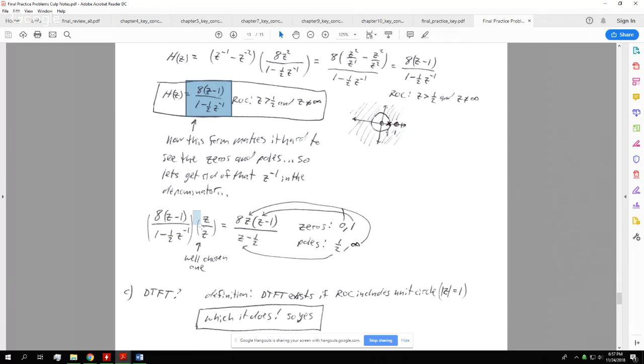You rationalize it by finding a well-chosen one and then distributing those z's accordingly. Then you get this final form. Now we have this extra z here, and that tells me that I have another 0 at 0. So when z equals 0, I have a 0. When z equals 1, I have a 0. And down here, when z equals a half, I have a pole.